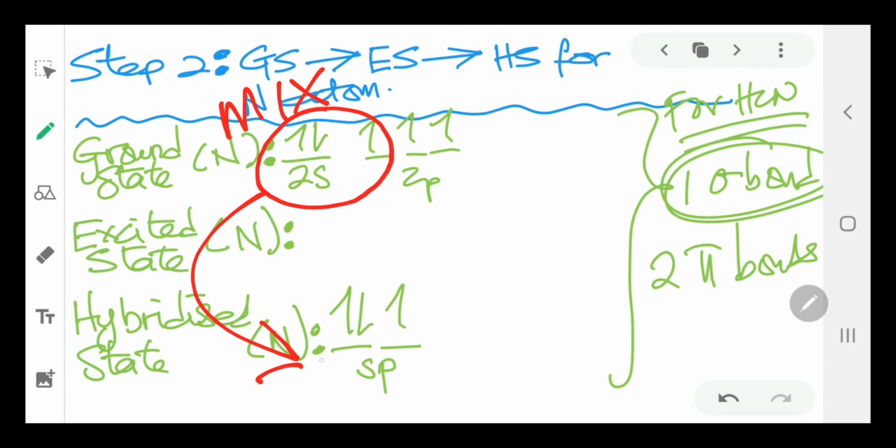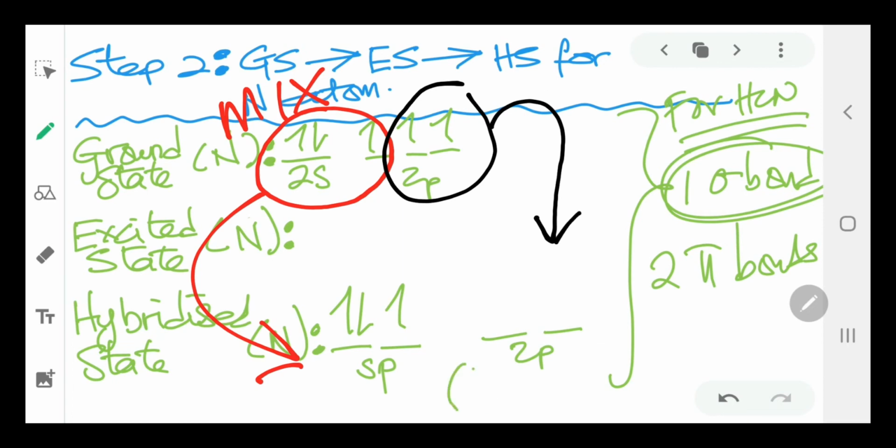So this is the one that will be forming the lone pair, and that one will be forming the overlapping of sigma bond with carbon later on. So we have mixed 1 and that together, and you have these 2, 2p. So this one is unhybridized for pi overlapping.